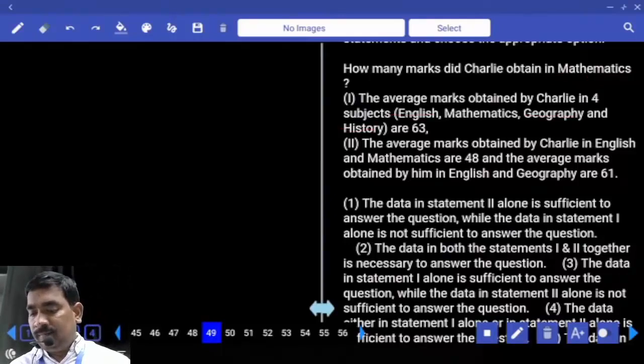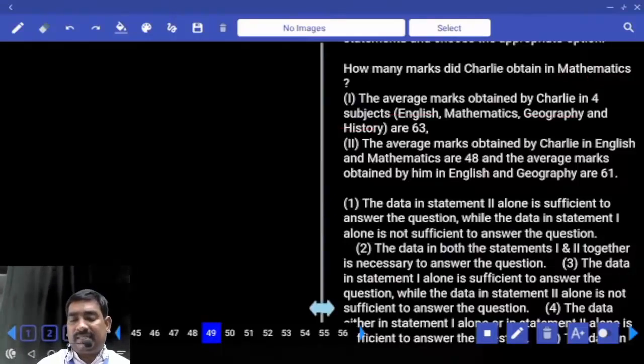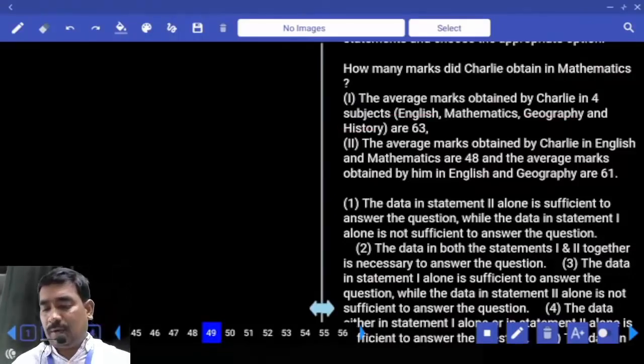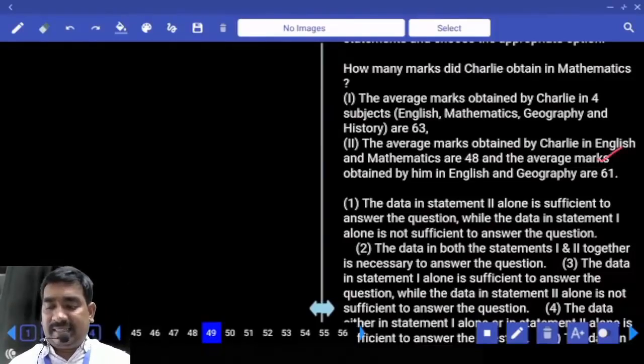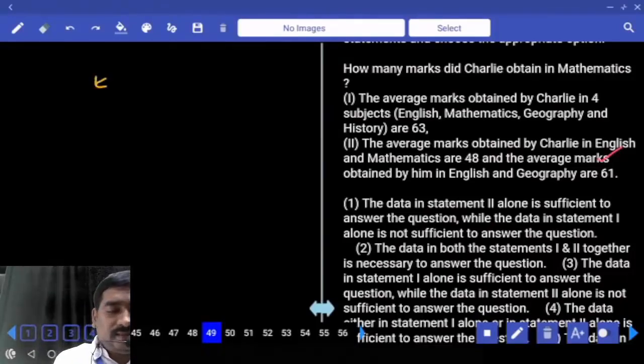Second statement: the average marks obtained by Charlie in English and mathematics are 48, and the average marks obtained by him in English and geography are 61.